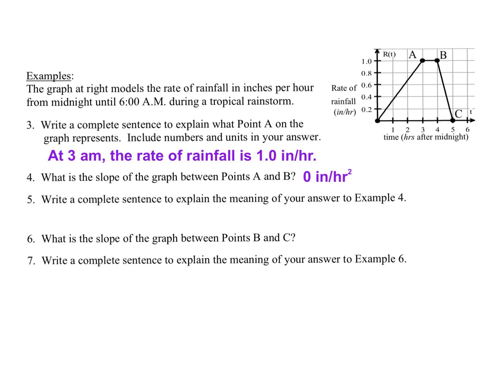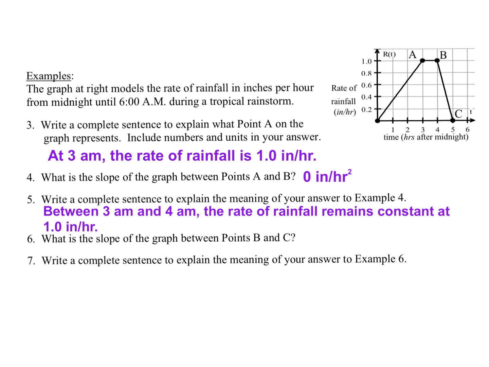Does that mean it stopped raining? It's the same rate? No. It's just constant. Right, it's staying 1.0 inches per hour. That's the next question. So the rate of rainfall remains constant.